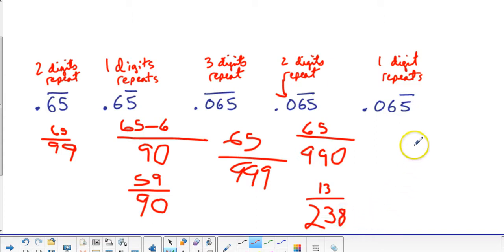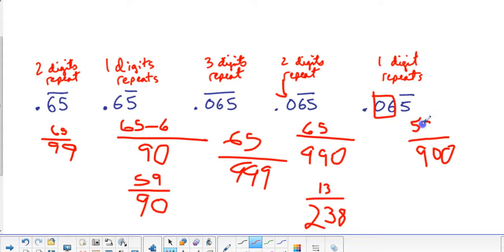Thanks. And again, here 1 digit repeats, so we've got 1 nine in the denominator, and there's a 3-digit number, so there's 3 numerals in the denominator, so this is going to be 900. So this is going to be 65 minus the part that doesn't repeat, which is 6. So 65 minus 6, which is 59 over 900.